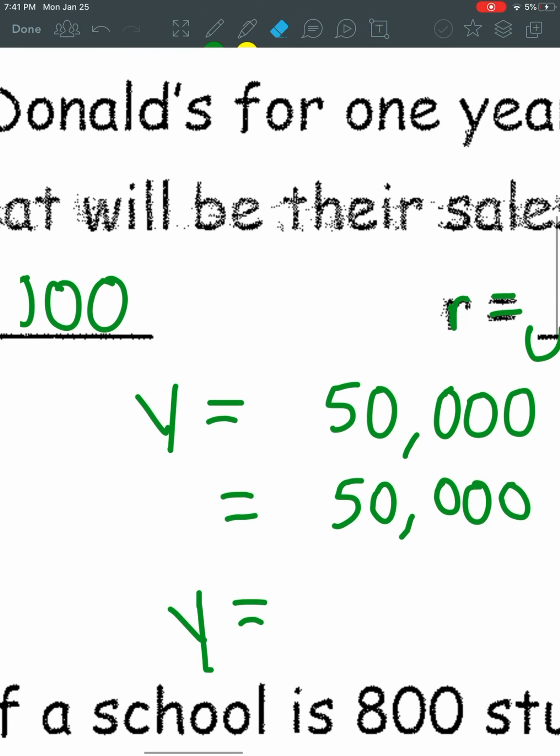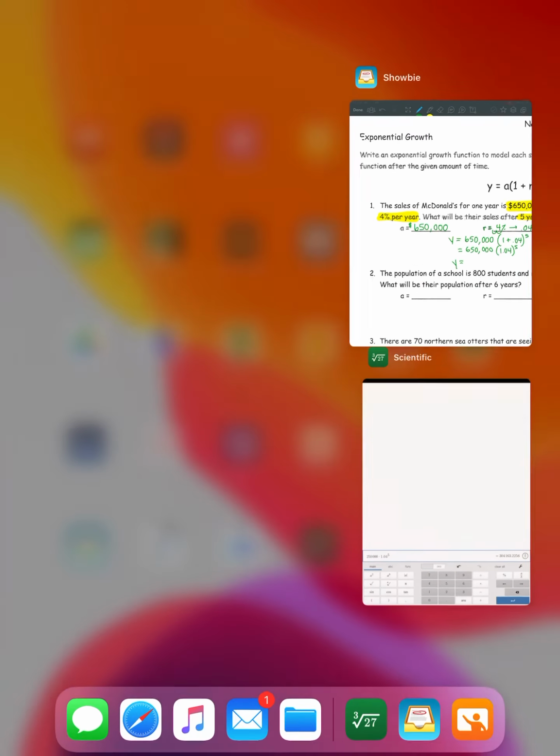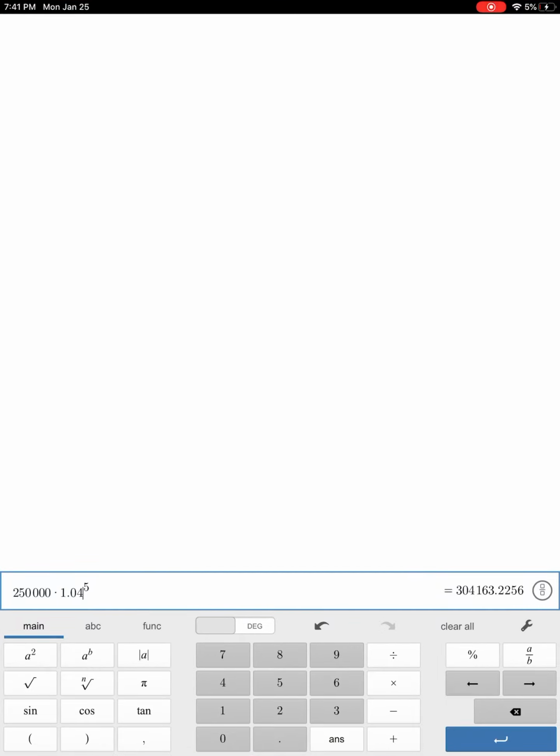Wow, and probably some of you already realized that. I'm glad I didn't give you that wrong answer. I apologize. The initial amount was 650,000, not 250,000. So we need to go back here and change that to 650,000. There we go.